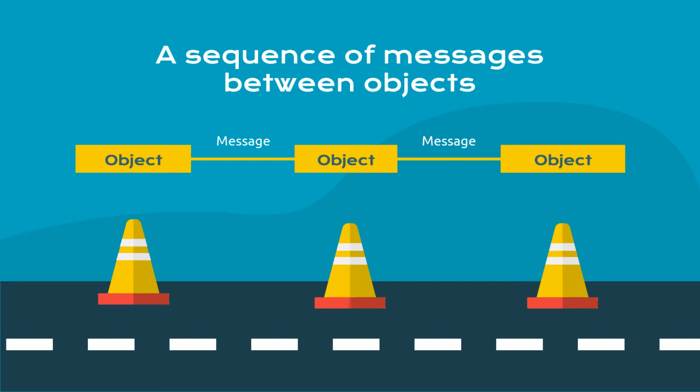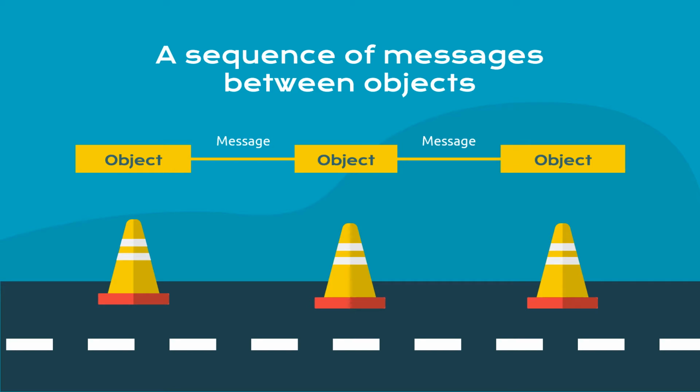We have objects, which we represent with rectangles, lifelines represented by vertical dashed lines, execution occurrences, which are long, narrow rectangles. We also have solid horizontal arrows and dashed horizontal arrows that represent messages and return values, respectively.